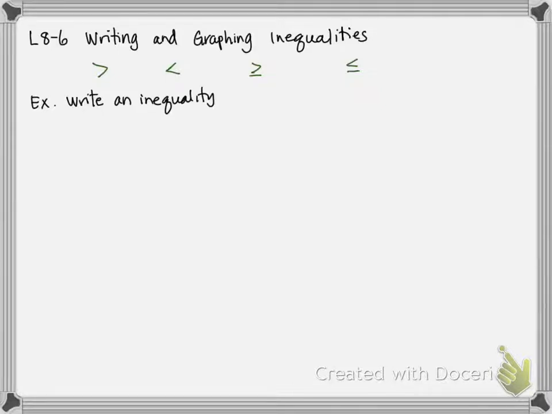for each sentence, define your unknown. So what words do I not know how to change into a number, an inequality symbol, or what a variable is going to replace?